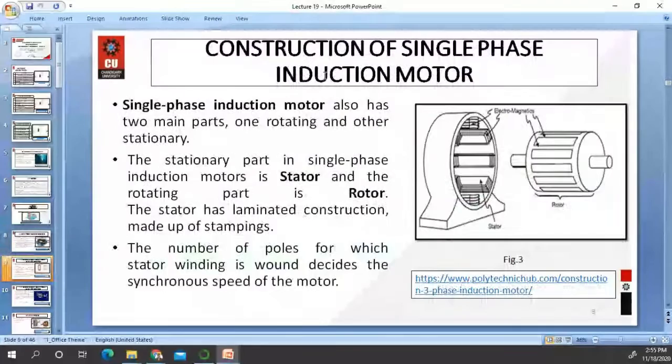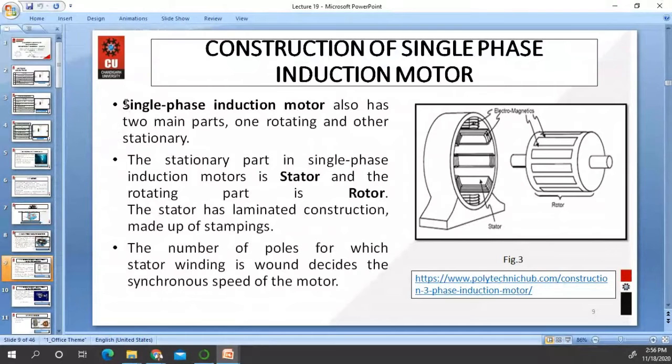Now the construction of single phase induction motor, you can see from this figure, this is the stator part and this is the rotor part, and some conductors are placed similar to the 3-phase induction motor. Then electromagnetism is produced right here, and this rotor will rotate.